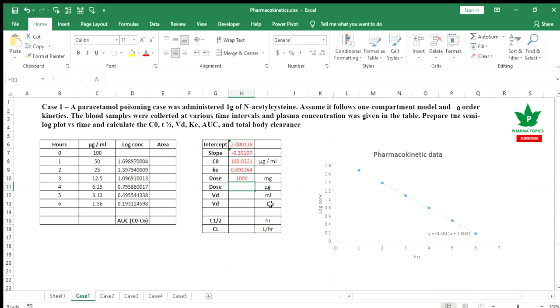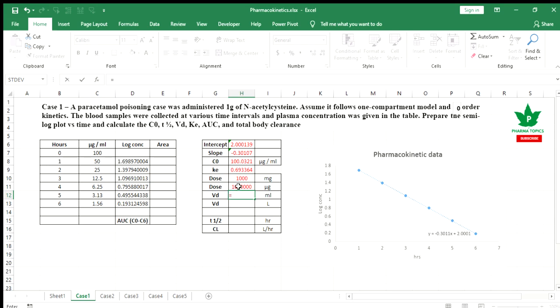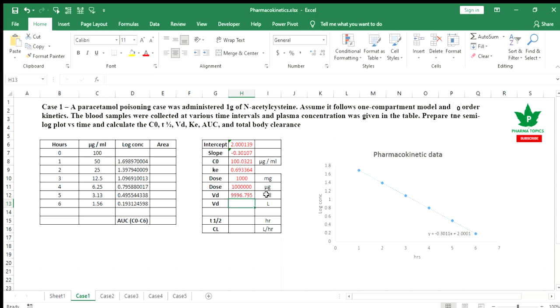But for pharmacokinetic calculation, you convert that to micrograms. So 1000 into 1000, it is 10 lakh micrograms. The volume of distribution equals dose in micrograms divided by initial concentration. So it is around 10,000.